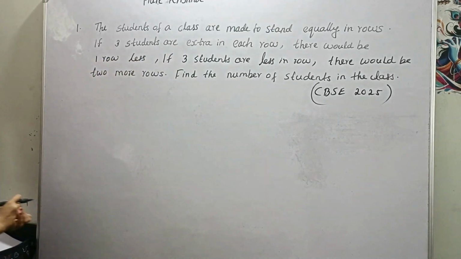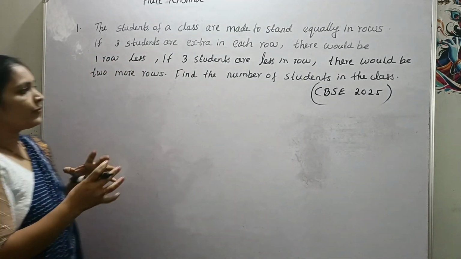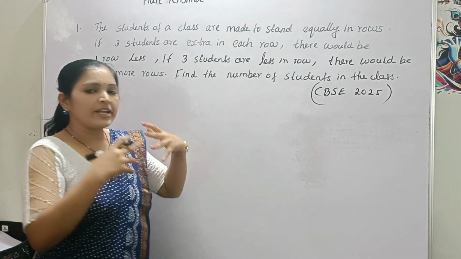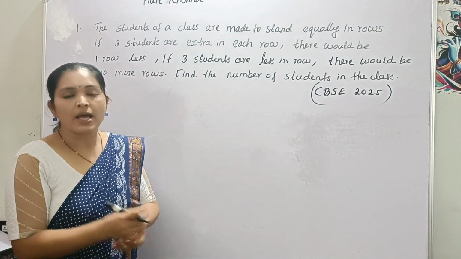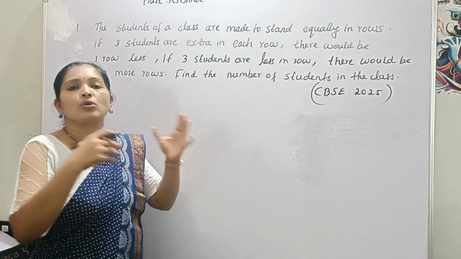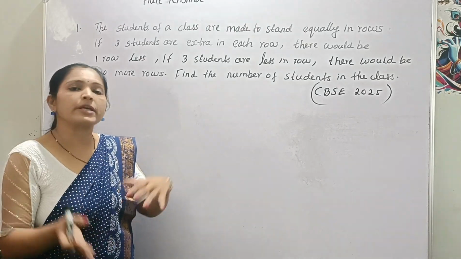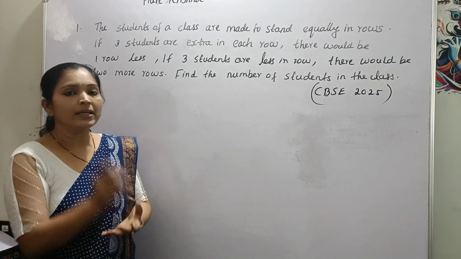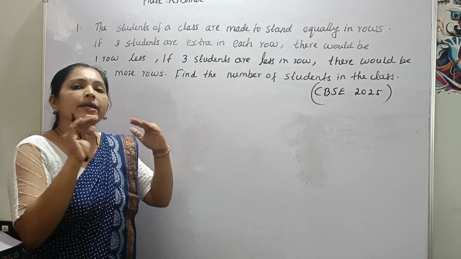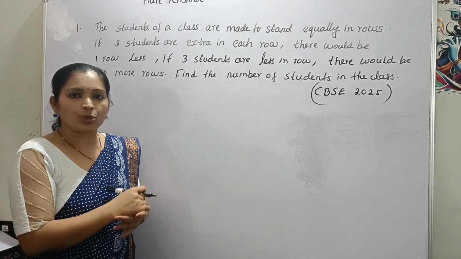So first of all, to find the total number of students in the class, we should know the number of rows and the number of students in each row, right?